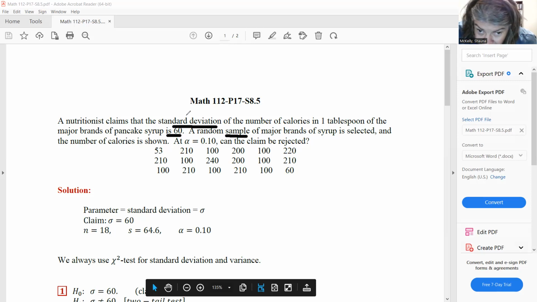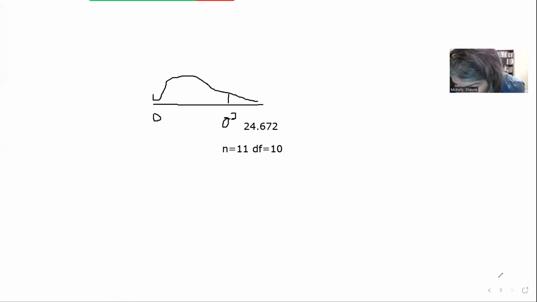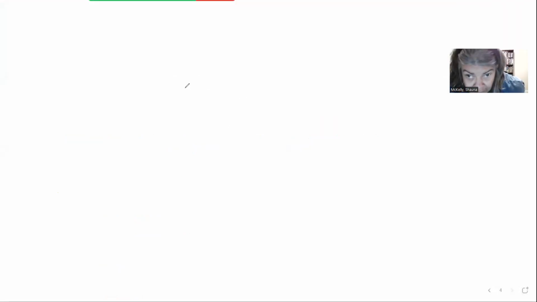This is our sigma. So sigma is 60. Now, when we start a hypothesis test, regardless of what we're doing, we always start with 3 things, maybe 4, okay?